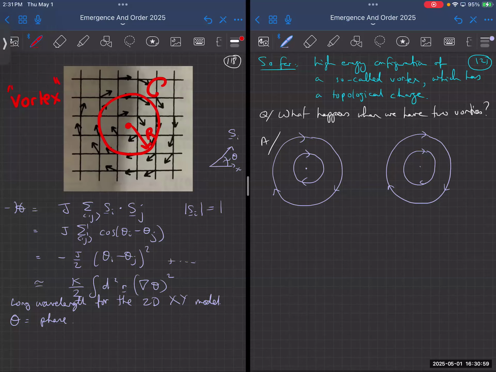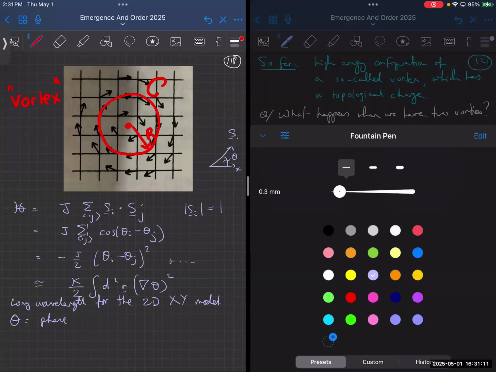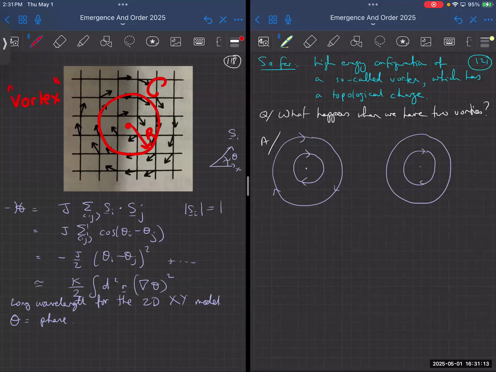Actually, I don't want this one. I want a different vortex. So let me do that. I have a choice in which direction the vortices go. So I'm going to draw this vortex so it actually goes in this direction.